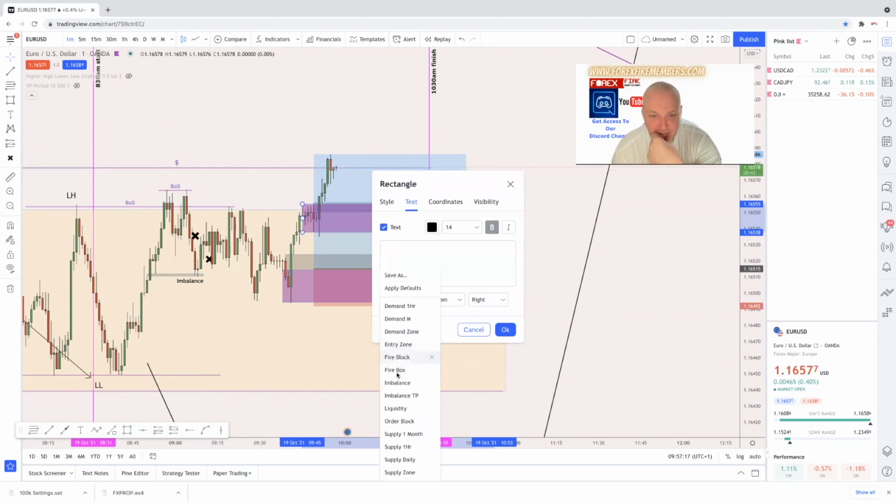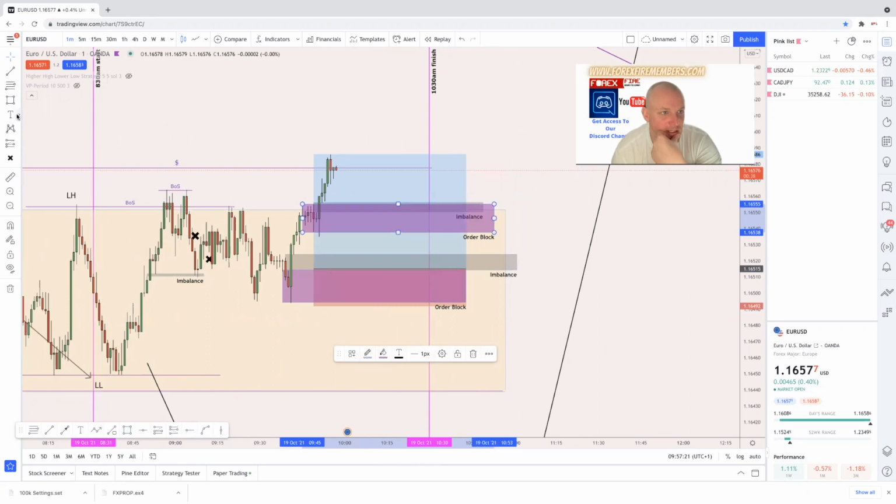within an order block area, so we may get price come down, mitigate, and push up out of the liquidity area.